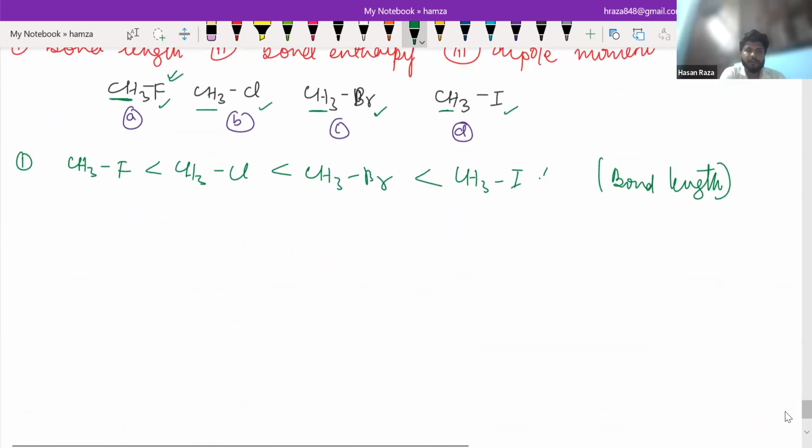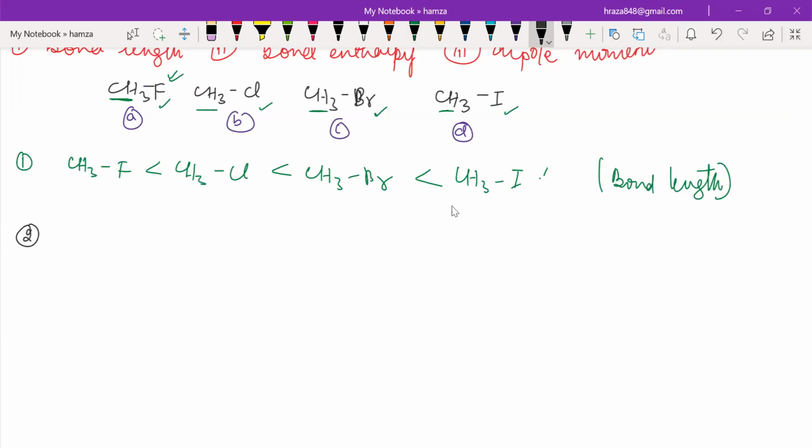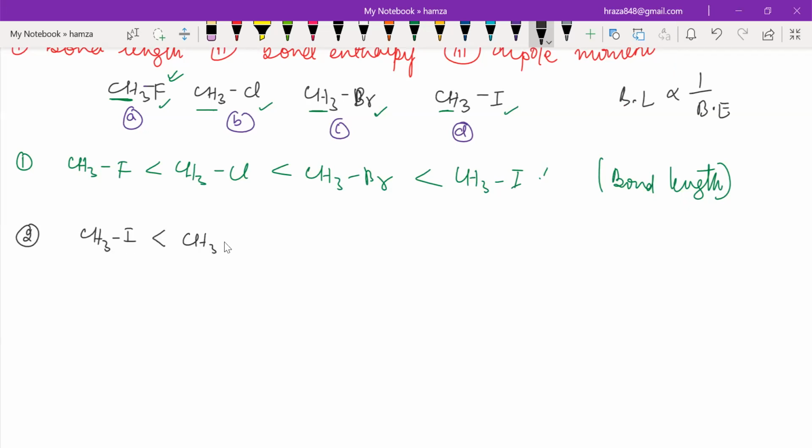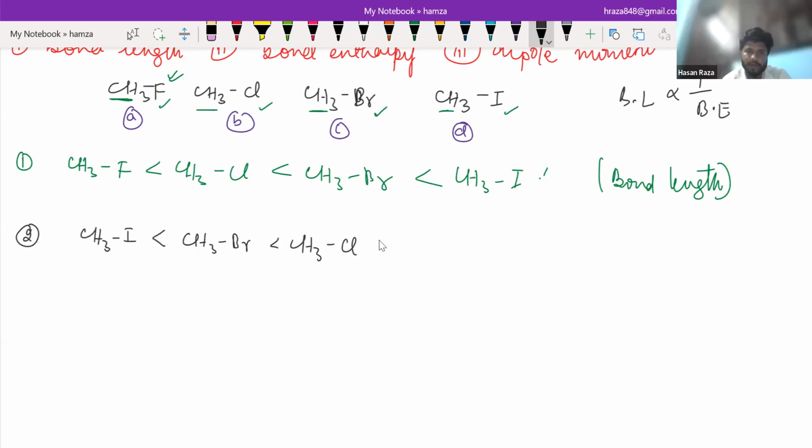Okay, what is the answer for bond enthalpy? The bond enthalpy will be opposite because bond length is inversely proportional to bond enthalpy. So what will be the answer in increasing order? CH3I will have the lowest value of bond enthalpy, then CH3Br, then CH3Cl, and then CH3F.